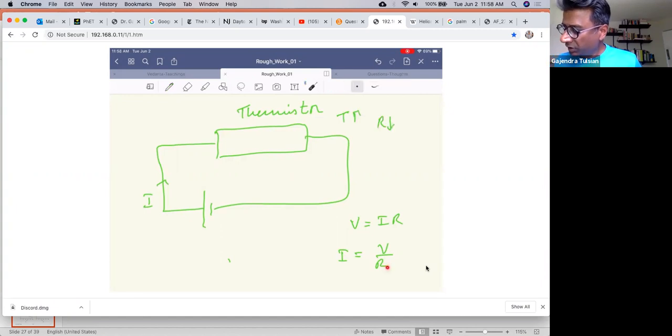And if the resistance decreases, then the current will increase.